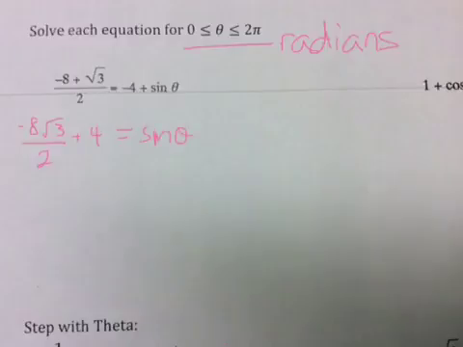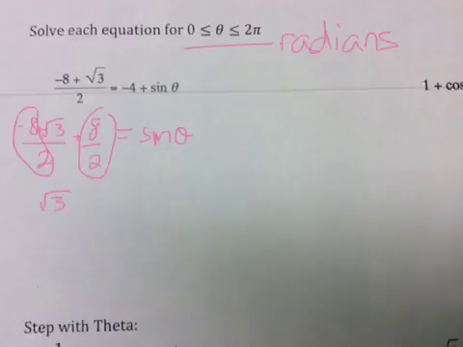You might notice that 4 is actually the same as saying 8/2. So when you have -8/2 and you're adding positive 8/2, those things go away.